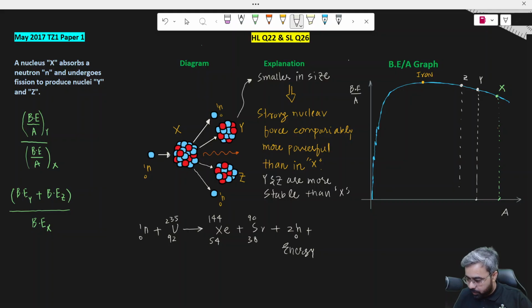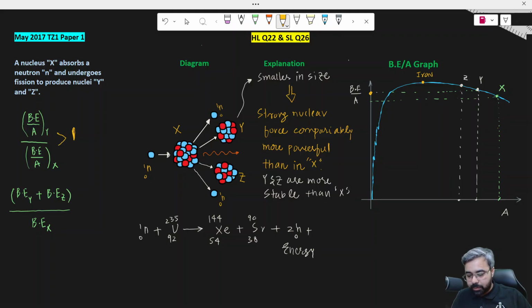On this basis, don't you think the binding energy per nucleon for Y is obviously more than the binding energy per nucleon for X, as we see here? So if the binding energy of Y is more, then the ratio should be greater than 1.